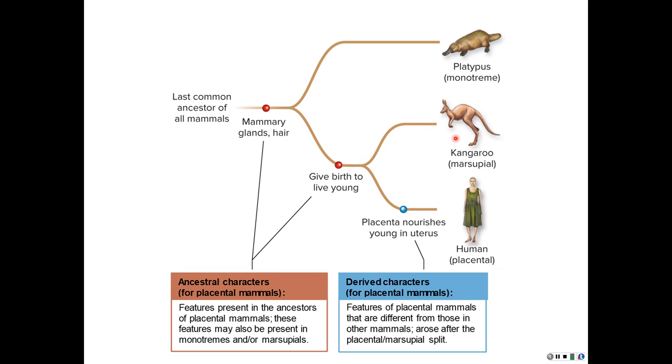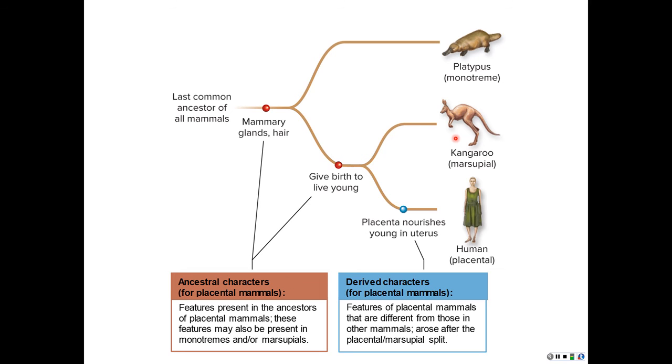So these homologous structures can be either what we call ancestral or derived. Well, first of all, let's just talk about these homologous traits. So all mammals, for example, share the homologous trait of having mammary glands and hair. This trait is homologous because we inherited it from a common ancestor.